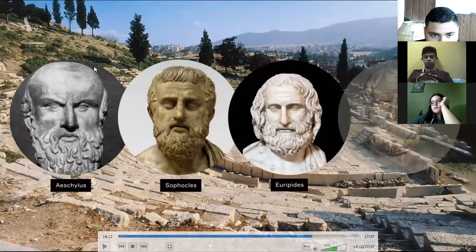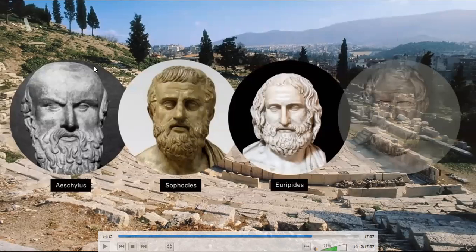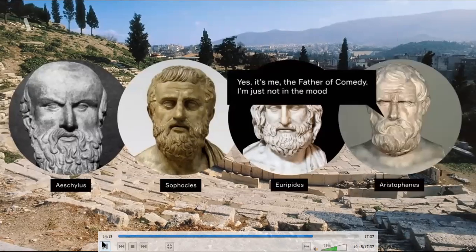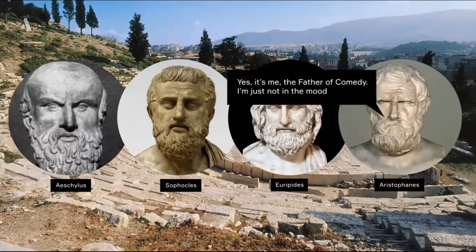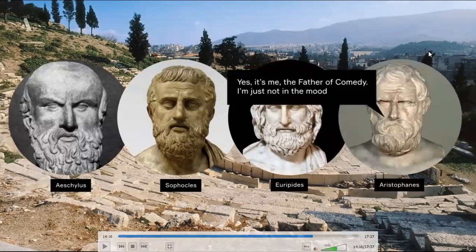The three great tragedians and the comedic playwright Aristophanes. Aristophanes is considered the father of the comedy. Look, this is the father of the comedy, of the literature that is considered as comedy. Aeschylus, Sophocles, and Euripides are considered tragedies, okay?